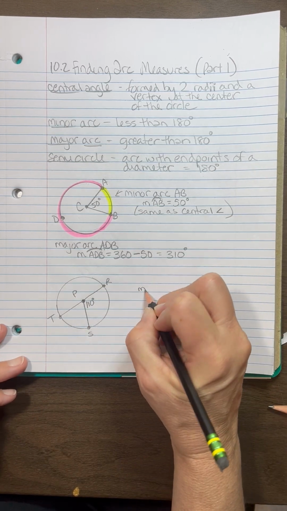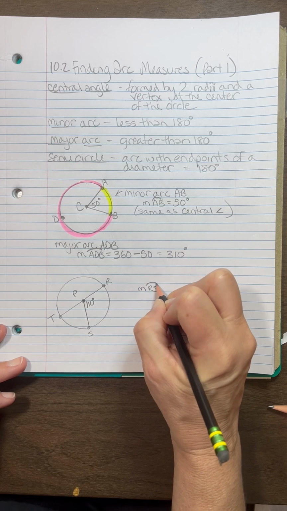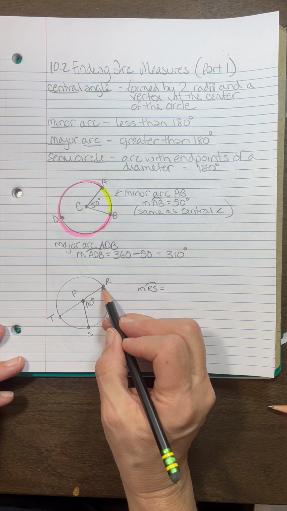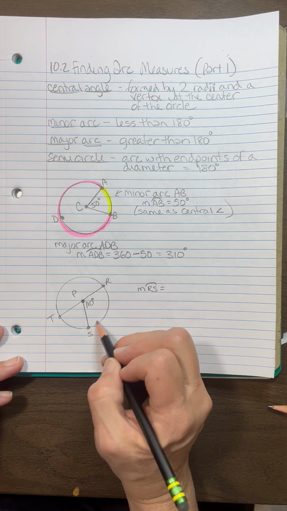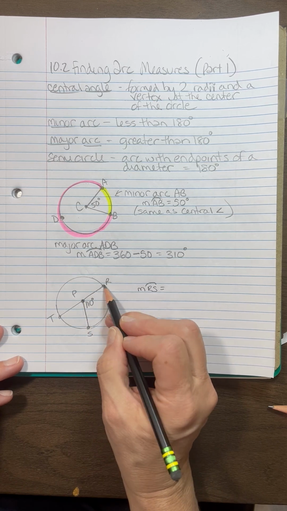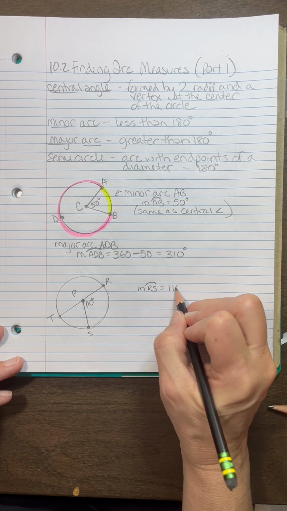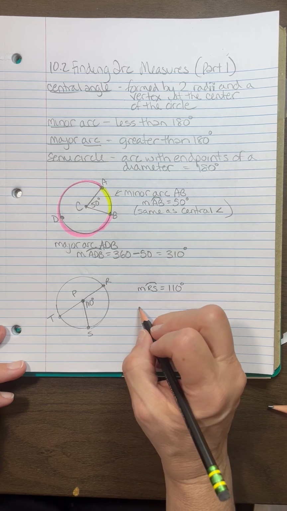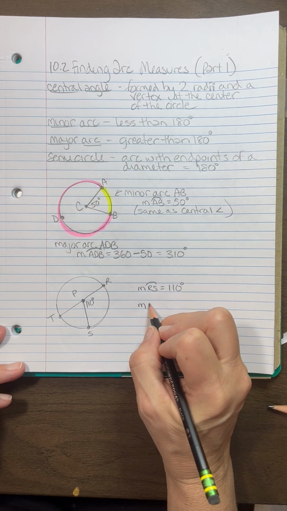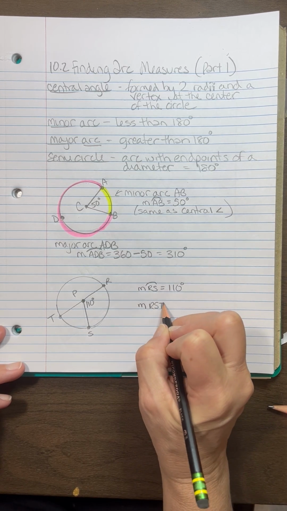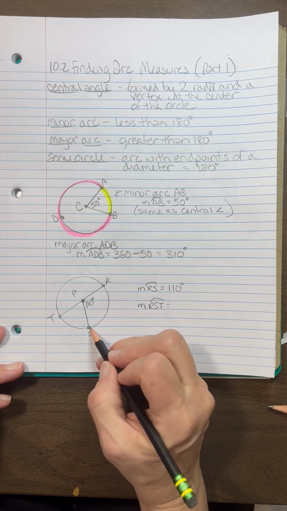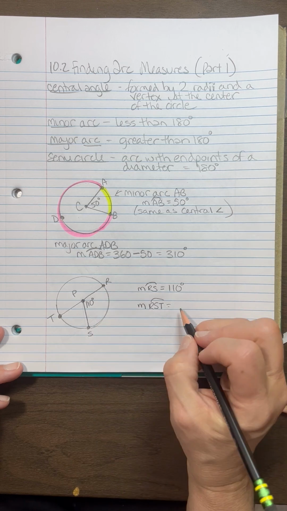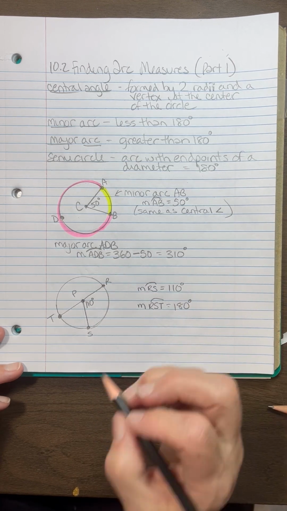We can say the measure of arc RS, because that creates these 2 radii, create that arc right here. And that's going to be equal to 110 degrees because it'll be the same as its central angle. The measure of arc RST, well, that end points are on a diameter, so that's going to be 180 degrees.